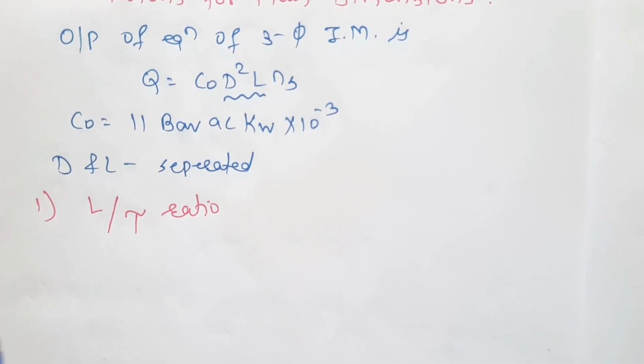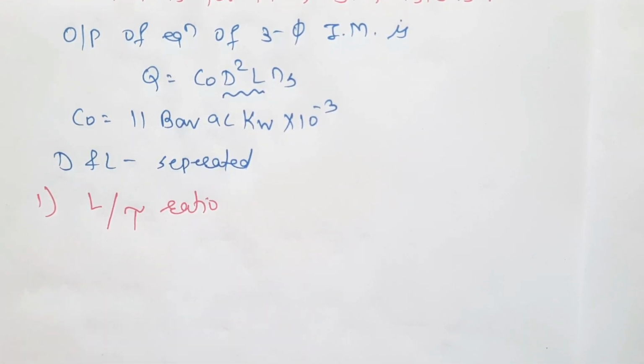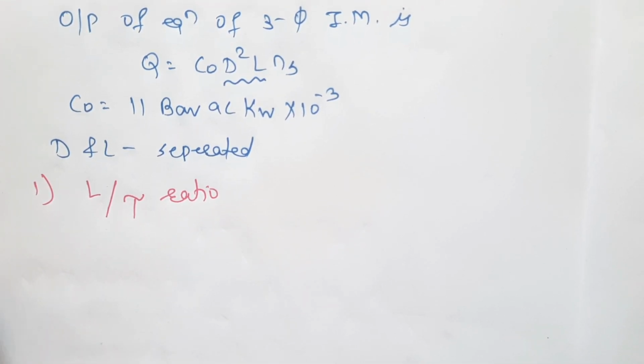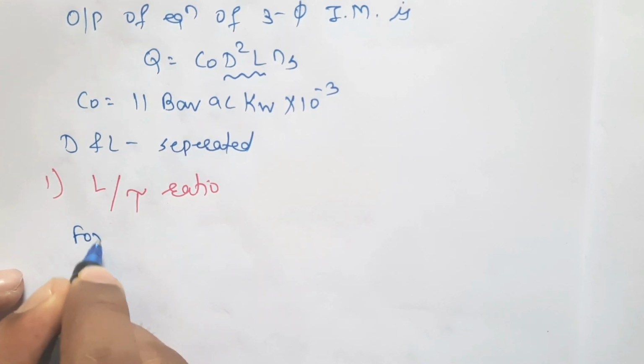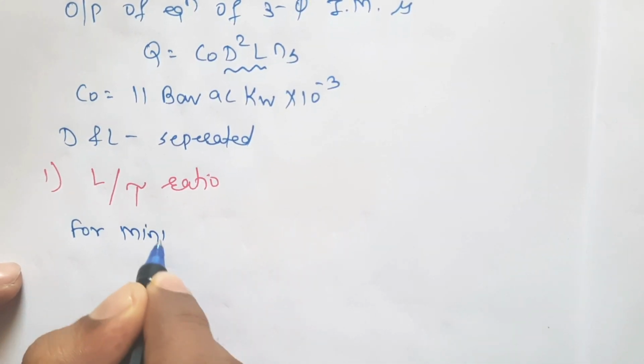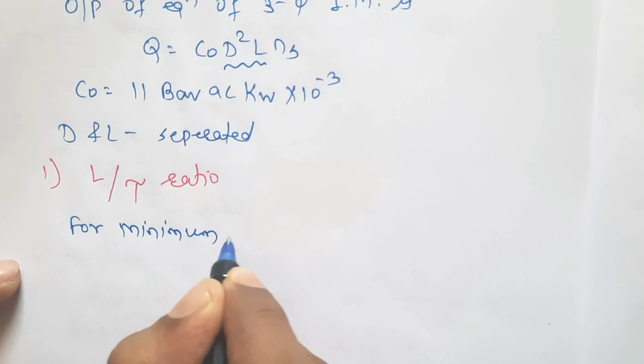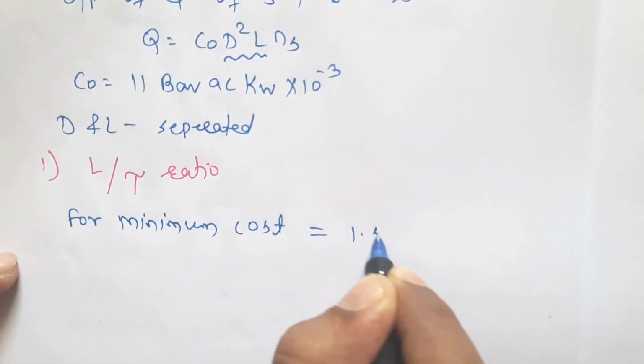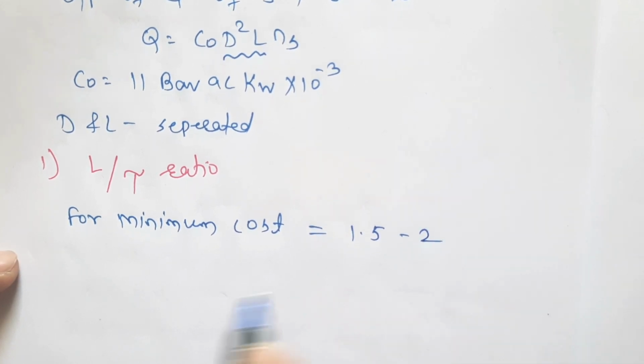In this, the value of L by tau ratio is different for various designs. Suppose if you have to design a machine for minimum cost, the value of L by tau ratio is 1.5 to 2.